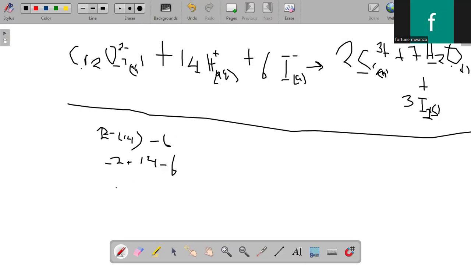If I add, the overall I'm getting is positive 6.